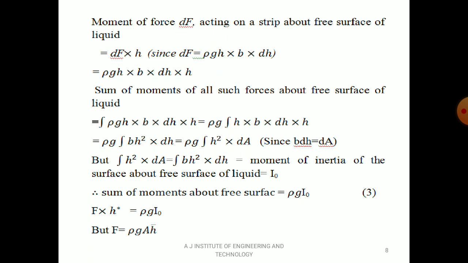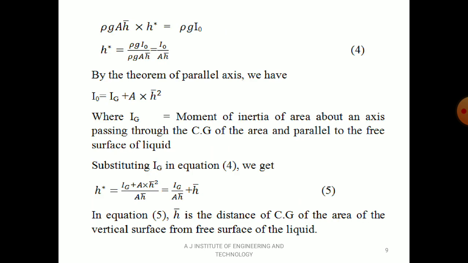Here Ig is the moment of inertia of the area about an axis passing through the CG of the area and parallel to the free surface of the liquid. Now substituting in equation 4, we get H star equals Ig plus A H bar square divided by A H bar. So that is equal to Ig divided by A H bar plus H bar.